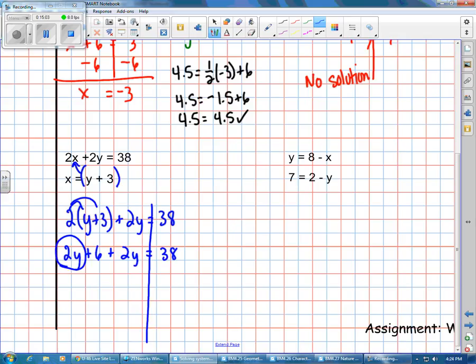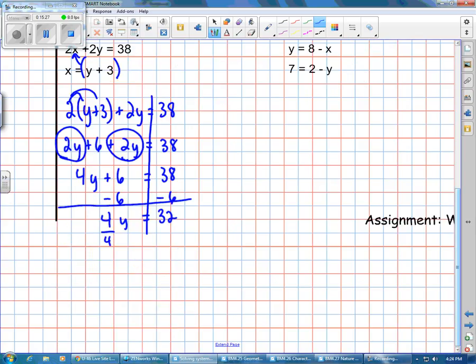Combine some like terms. 2y plus 2y is 4y plus 6 equals 38. Subtract 6, and 4y equals 32. Divide both sides by 4, and y is going to equal 8. I almost said 32.